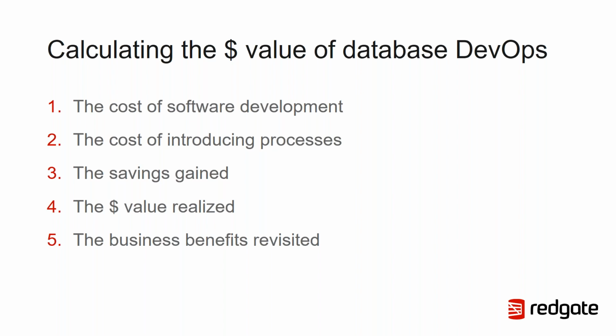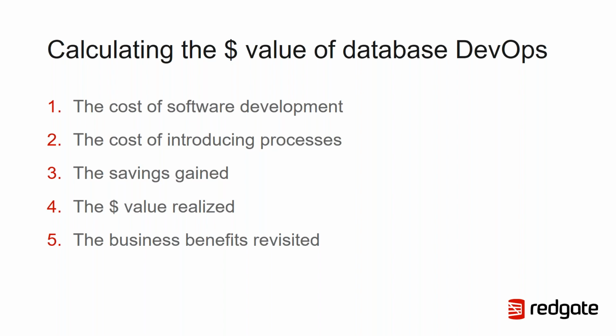First of all, the cost of software development. By this, typically what we're talking about is the average hourly rate of producing a piece of software. This might be the typical cost of a software developer working on the project, or the average cost of the DBA and the SQL development team working on a project.